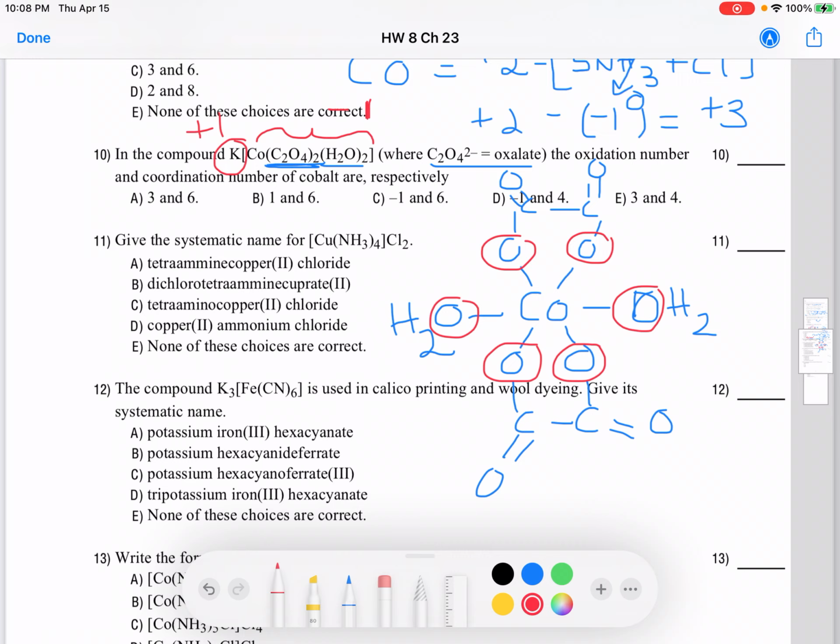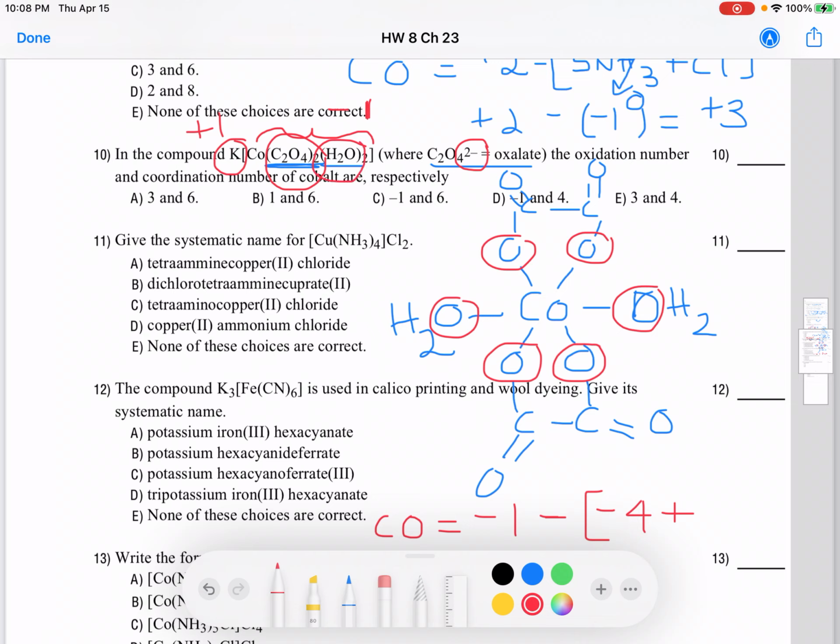Now we need to find out what the oxidation number is for cobalt. To find that, you take the charge of the complex anion, -1, and you subtract the ligands attached to the cobalt, which is 2 C2O4. C2O4 has -2 charge, and there are 2 of those. So -2 times 2 is -4, plus the water.